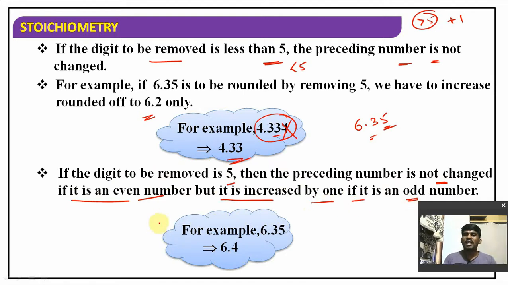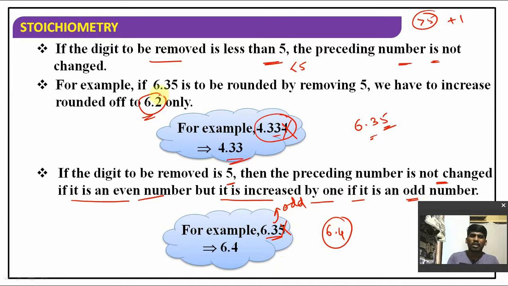For example, if 6.35 is there, the 5 we are removing. The preceding number is 3, which is an odd number. If it is an odd number, it should be increased by 1 unit. It will become 6.4. That explanation earlier was wrong, sorry for it. It is 6.4.